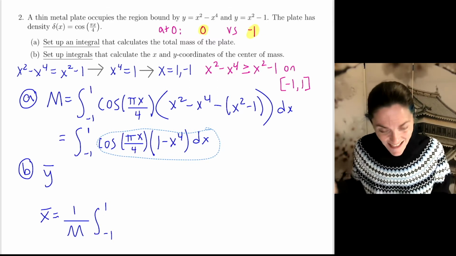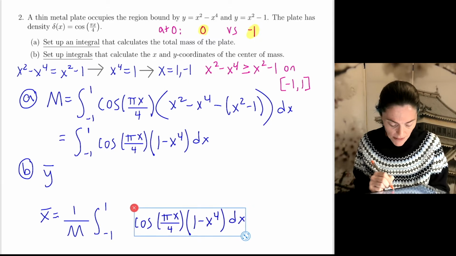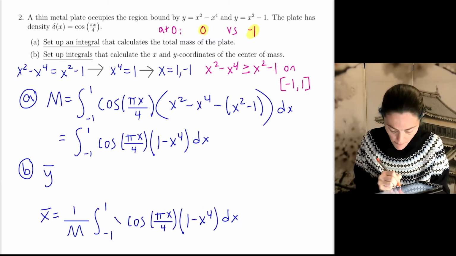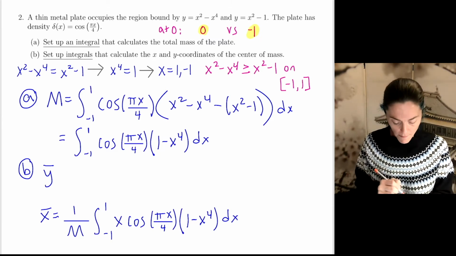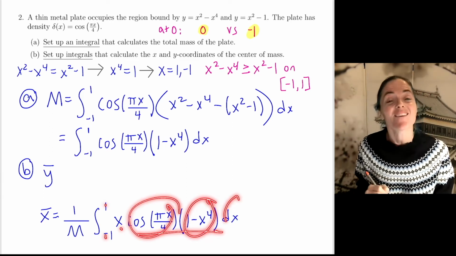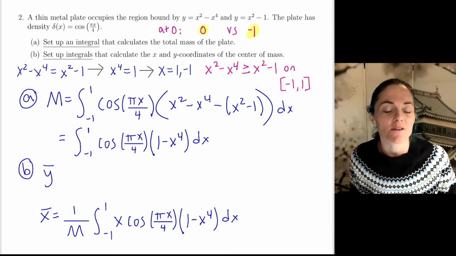We'll still have dx, so I'm just copying and pasting that here. But then for x bar, we integrate x times all of this. You have 1 over m, the integral minus 1 to 1, x times density, upper minus lower, dx. This is the answer for the x coordinate of the center of mass.